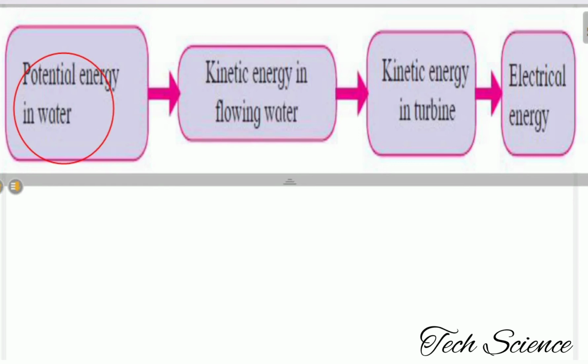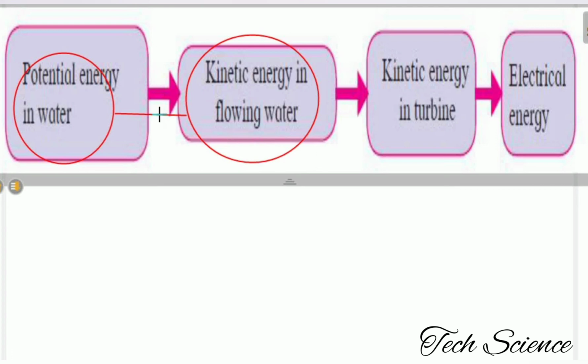How does this potential energy move towards the turbine via the gates? Once the gate is open, the water will flow with more speed. Too much pressure is there, huge pressure, as we discussed.